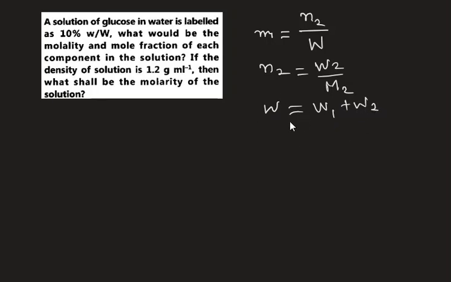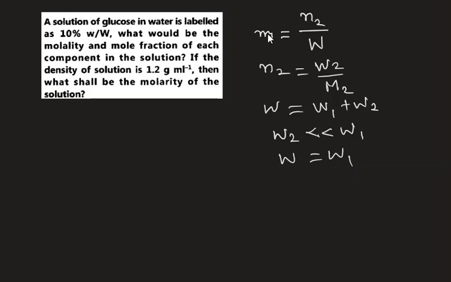In fact, these are all dilute solutions. So in the case of a dilute solution, W2 is much less than W1. So in that case, we can replace W by W1.